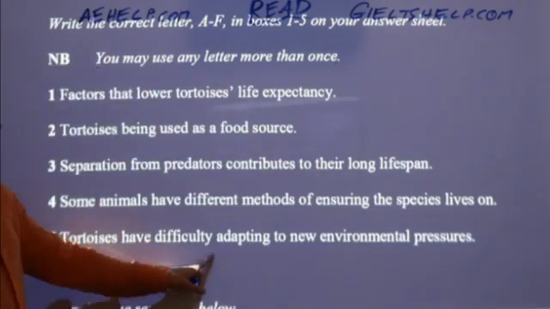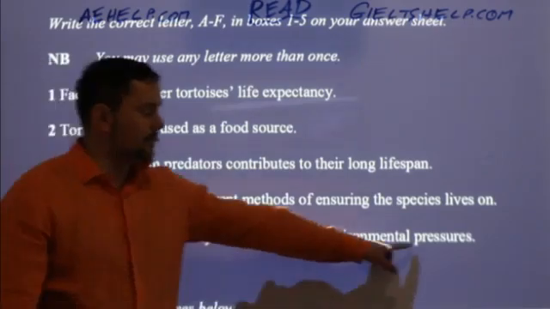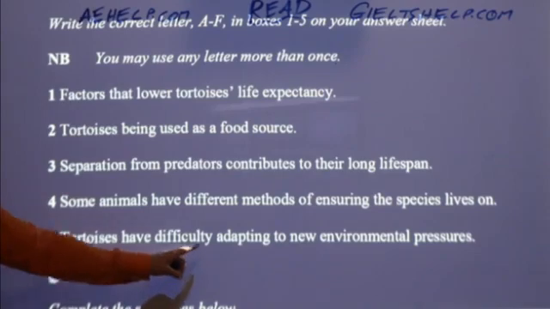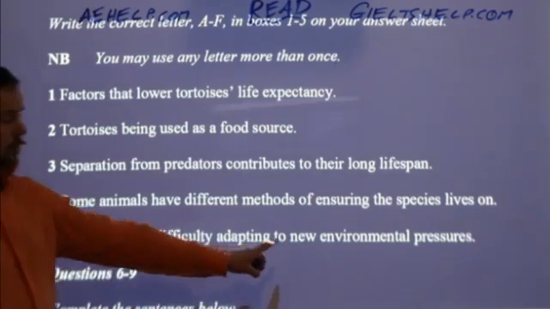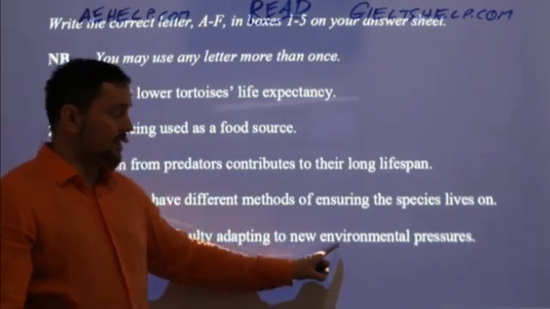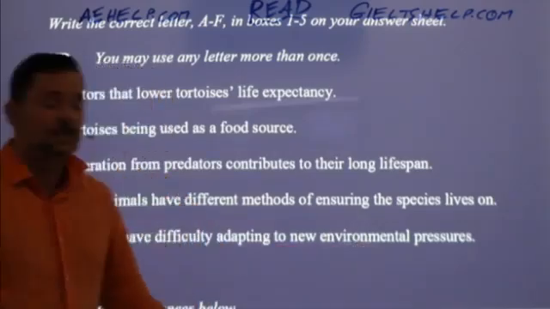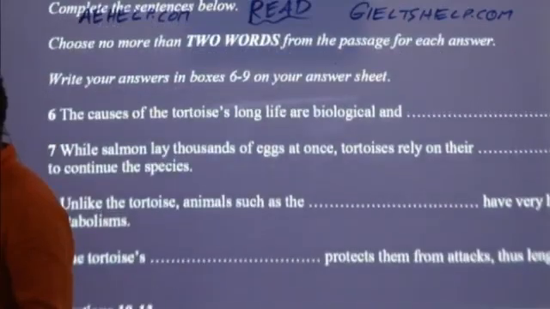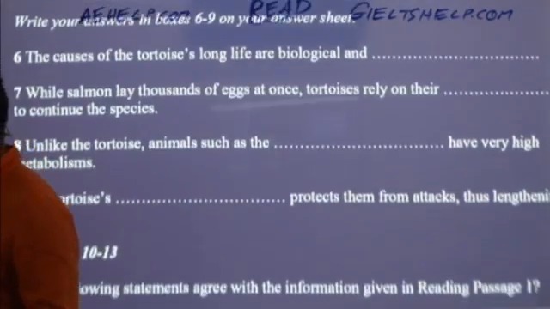Tortoises have difficulty adapting to new environmental pressures. Tortoises are challenged to get accustomed to their difficulties in their surroundings. Something like that, okay? All right, questions 6 to 9.